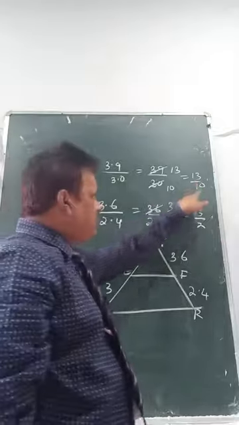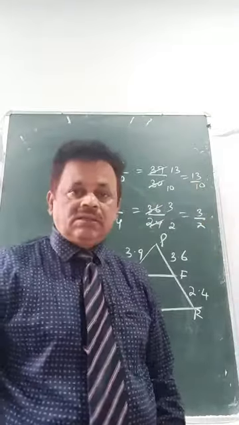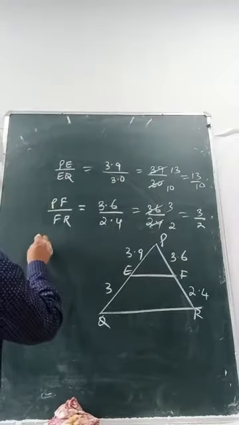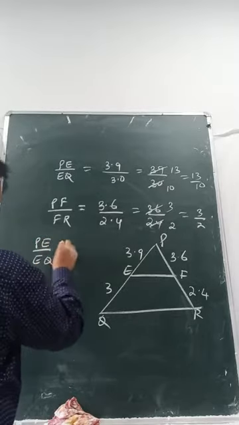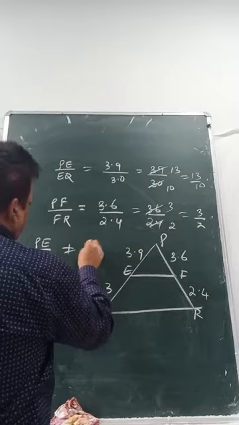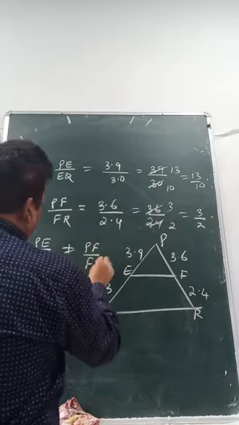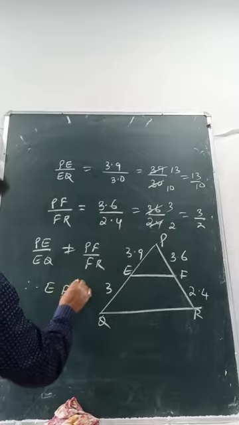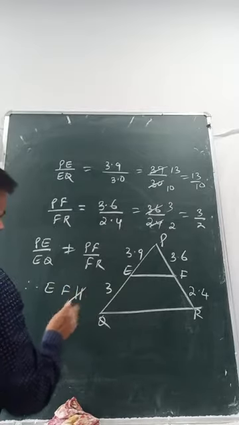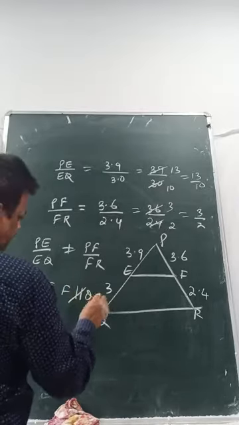Look, these two ratios should be the same. It is not the same. Therefore, PE by EQ is not equal to PF by FR. Therefore, EF is not parallel to QR.